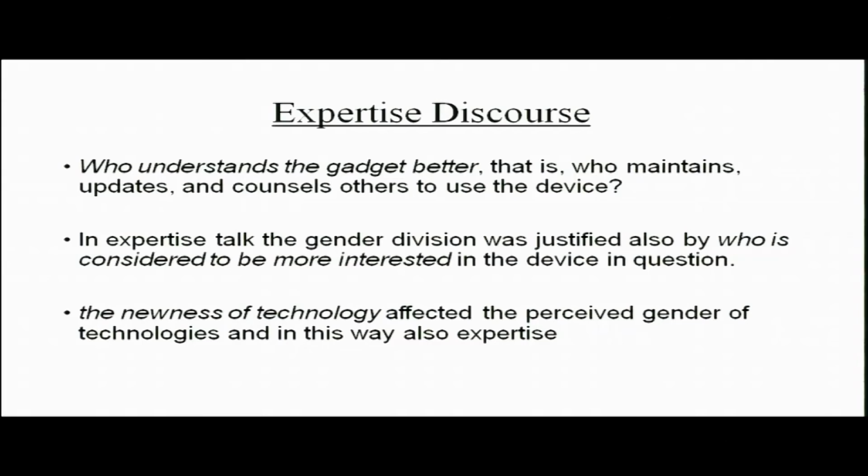In the expertise talk, the gender division was justified also by who is considered to be more interested in the device, and the newness of technology affected the perceived gender of technologies in this way also. So this discourse basically looks at a perceived understanding of who is going to use the gadget, and a perceived ease of use, going back to the TAM model.